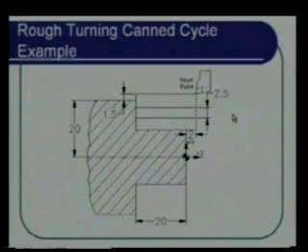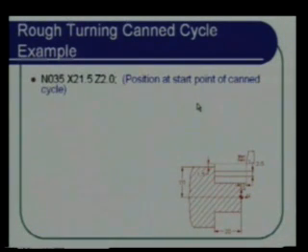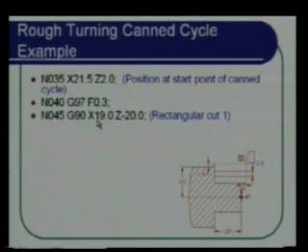Let us say we have a depth of cut of 2.5 millimeters and we will start with 1.5 millimeters above. When I give a CAN cycle, I position at the start point, then specify whatever feed rate is required, and we say the first rectangular cut. So G90 is the CAN cycle: G90 X19 Z.2.